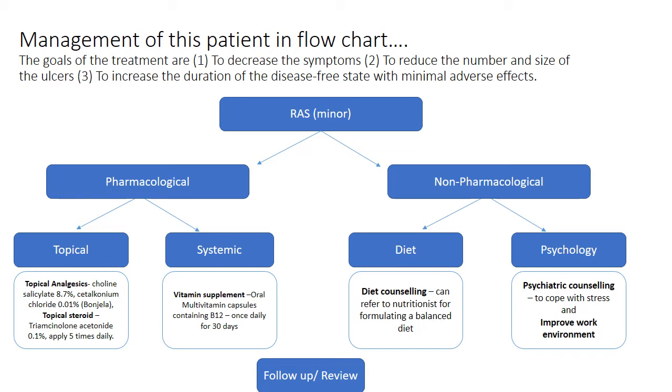So please don't write Bonjela, as we are not supposed to do that. We are supposed to write the generic name of a drug. So either we write choline salicylate or we go with lignocaine, especially from your exam point of view.